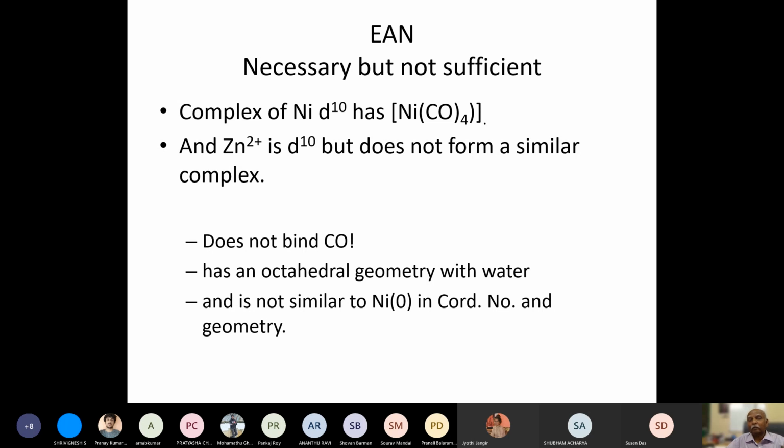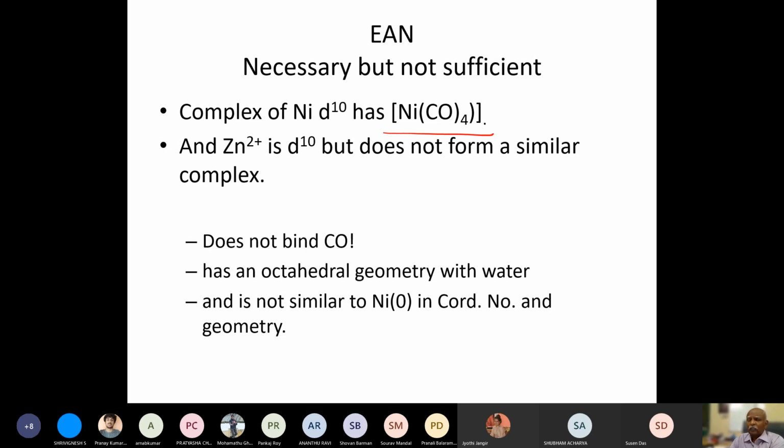If I have tetrahedral complexes like nickel tetracarbonyl, then you restrict your discussion to nickel tetracarbonyl. If I start comparing the octahedral complex with the tetrahedral complex, I may not get a reasonable answer because the interactions of the ligands are going to be different.